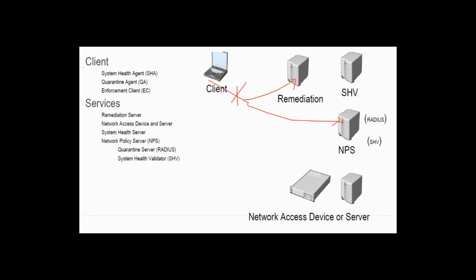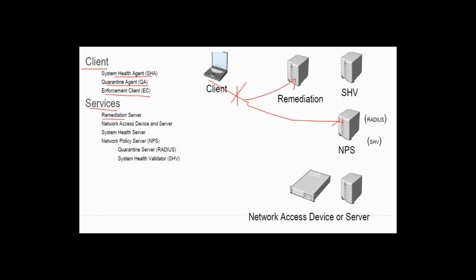And here are the main components, the client and the server, that we could have inside the network. We have a system health agent, and a quarantine agent as another kind of protection. We have an enforcement client, where the client has the ability to be enforced by one of these health checks.